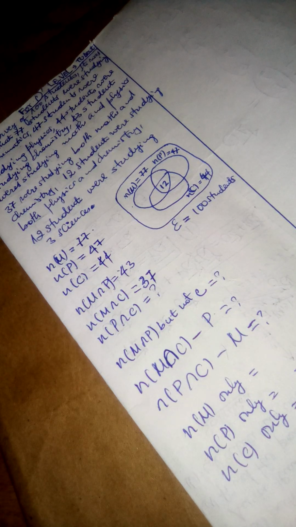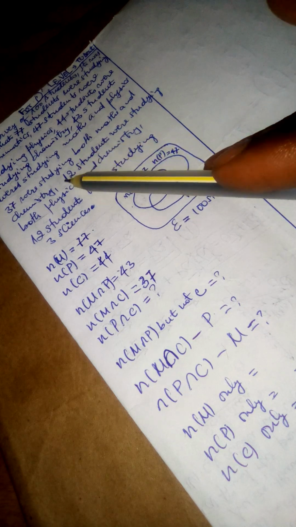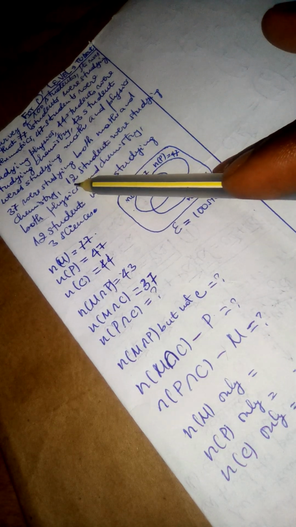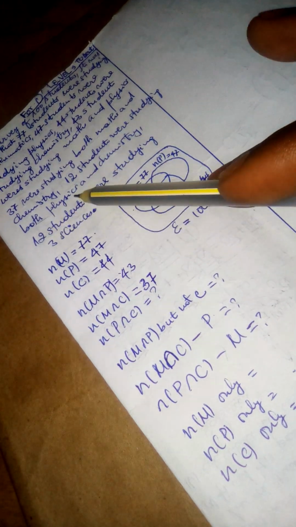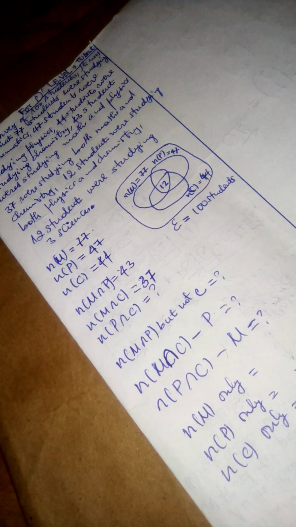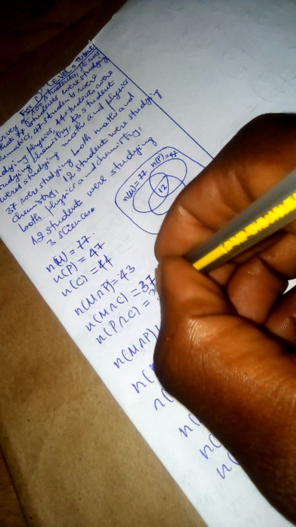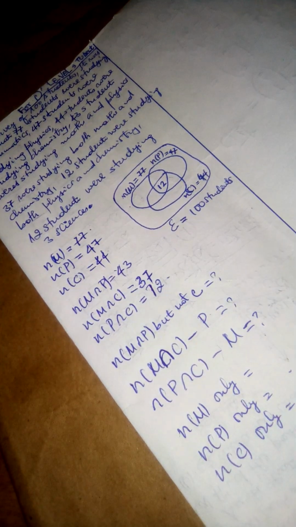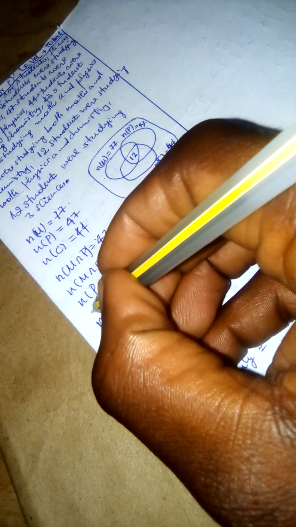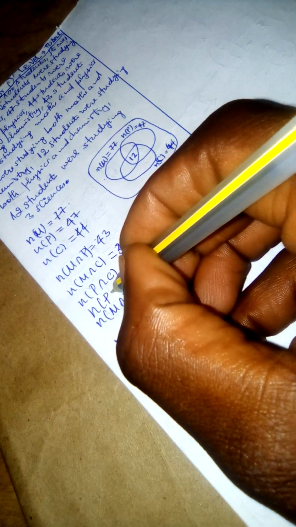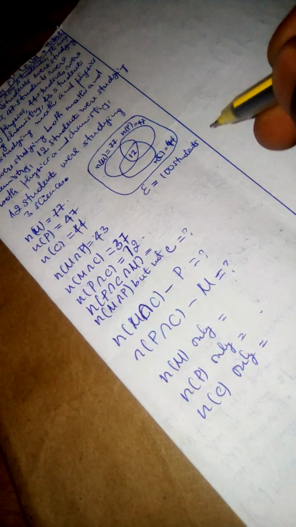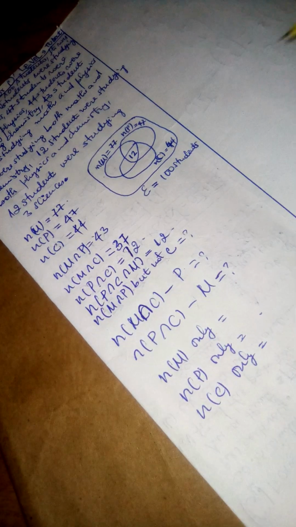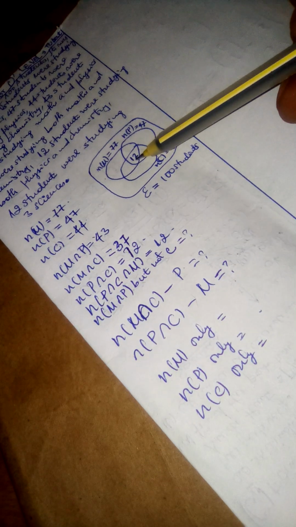And we need the cardinal number of P intersection C. From the problem, 12 students study both physics and chemistry. And the cardinal number of P intersection C intersection M is given as 12 students also, and it is here.